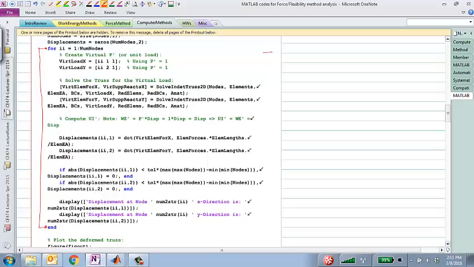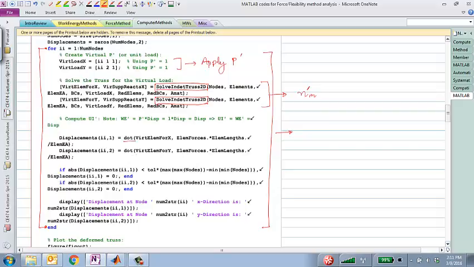This entire for loop is to apply p prime, and calculate the indeterminate truss for the p prime in the x and the p prime in the y directions. So this is basically calculating the virtual internal forces for the x direction and the y direction.